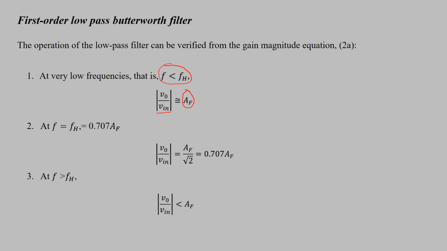At f equal to FH, when we put the value f by FH equal to 1, it becomes AF by root 2, that is 0.707 of AF. As f increases much greater than FH, the gain reduces and it is much less than AF.